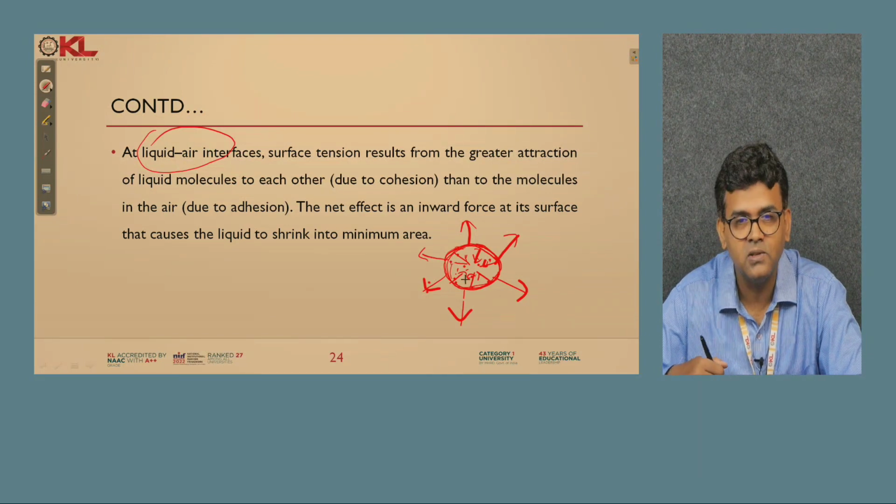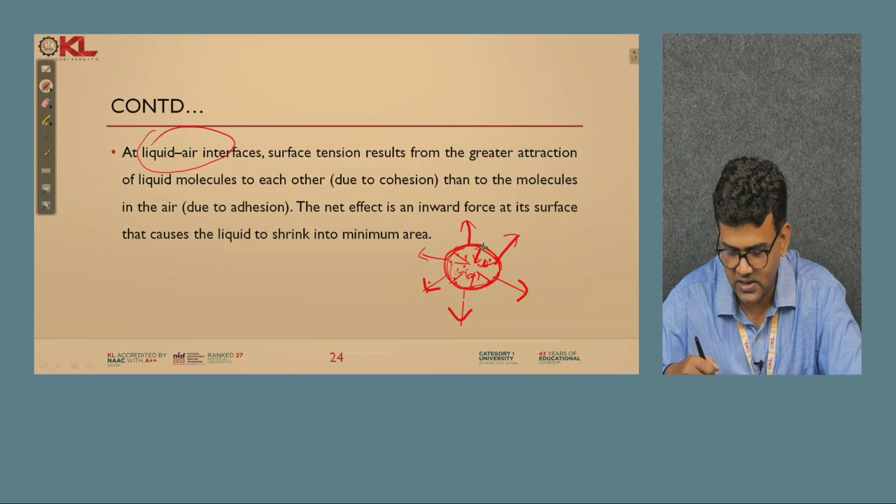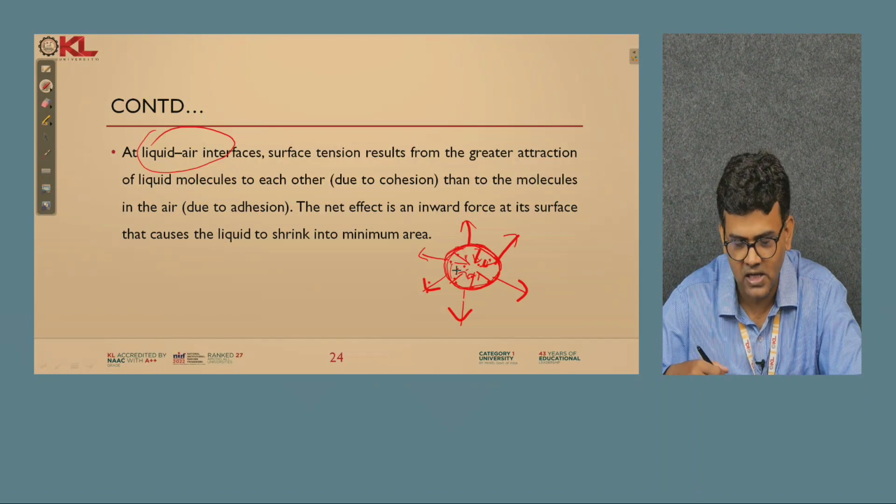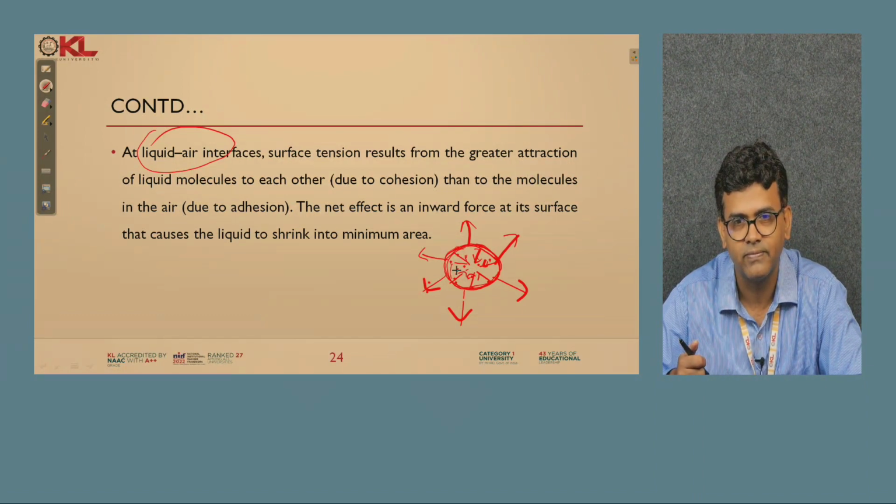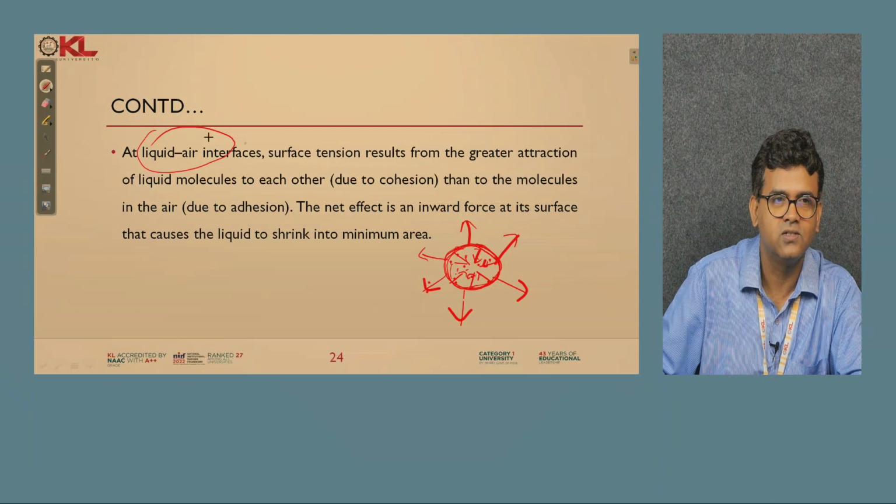So this is because of the property of surface tension, as surface tension is created because of the outer and inside forces. That is the surface tension. So how does surface tension come?